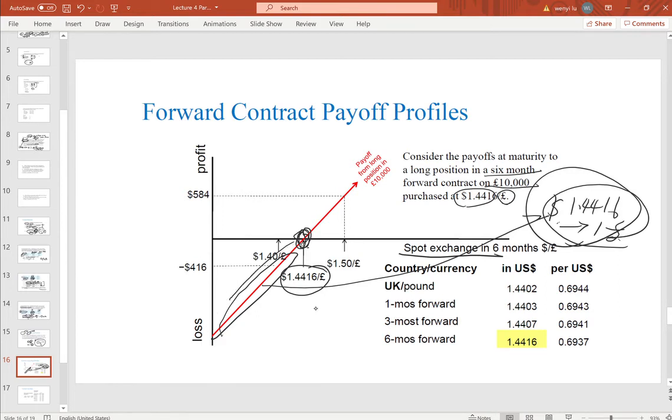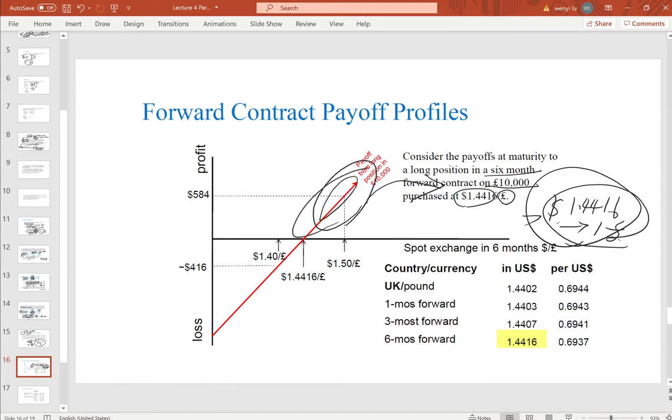But on the contrary, if the price in the market is higher than the contract price, then you are lucky because you can buy cheaper with your contract and sell to the market at a higher price, so you make a profit. The higher the exchange rate 6 months later, the more profit you get. So that's what the curve and numbers tell you.